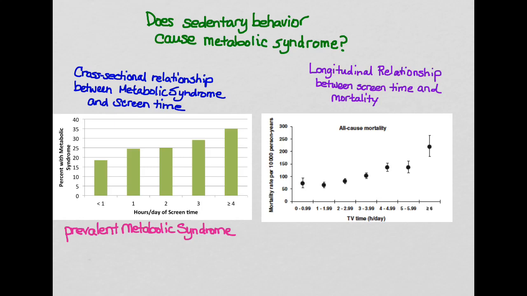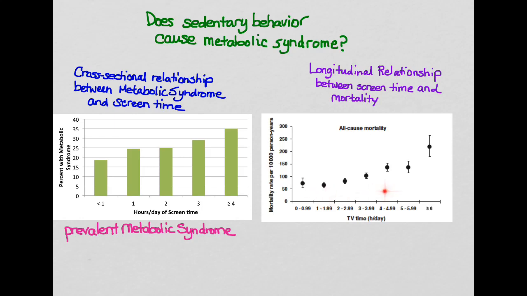And then they looked at the relationship between mortality and the number of hours of TV that they reported watching in around 2000. This provides good evidence for causality, because we know that the TV time measurement occurred probably pretty far ahead of the mortality.